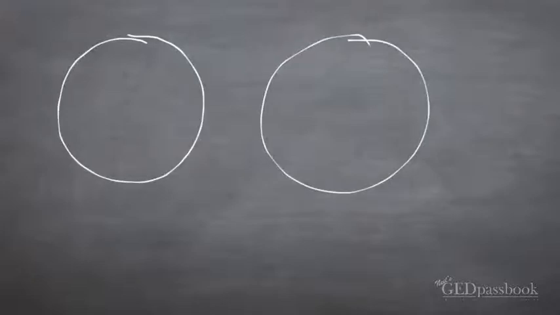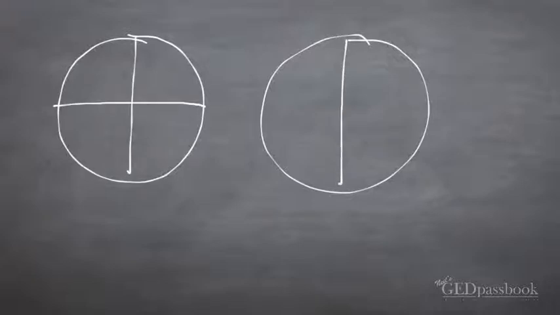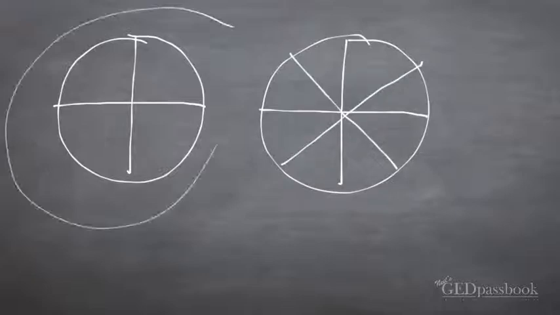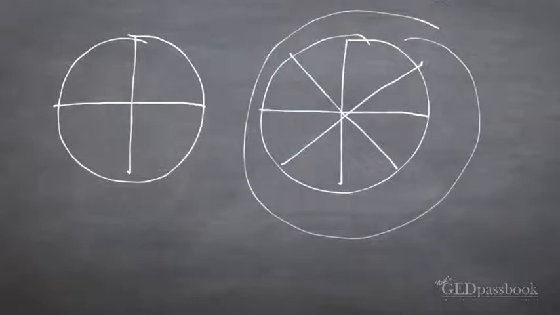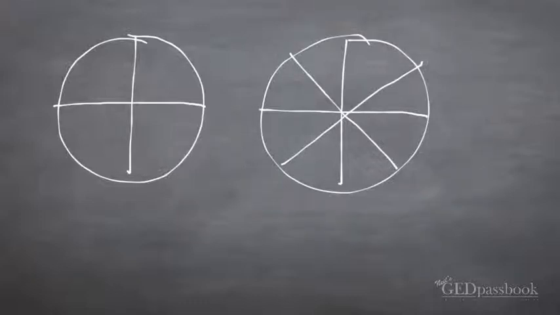Except now I got pizzas, right? We got one pizza right here that has 4 huge slices to it, right? We have another pizza over here that has 8 slices.